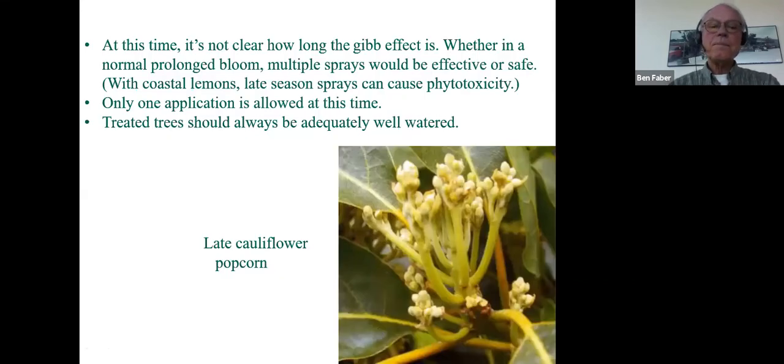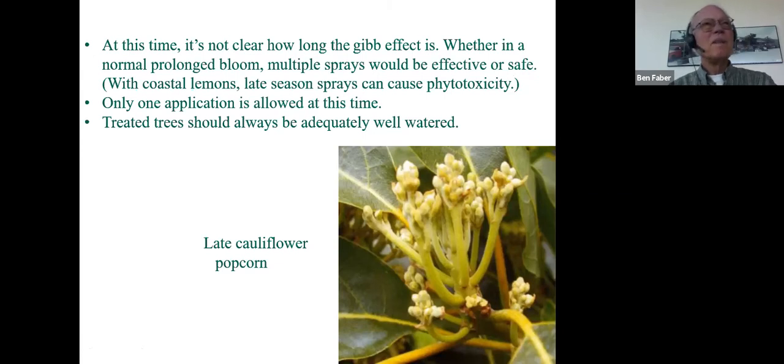So at this time, we're not really sure exactly how GA works or how long it works. It's not clear how long the Gib effect is, whether in a normal prolonged bloom, multiple sprays would be effective or safe. We know that in coastal lemons, late season sprays can cause phytotoxicity.